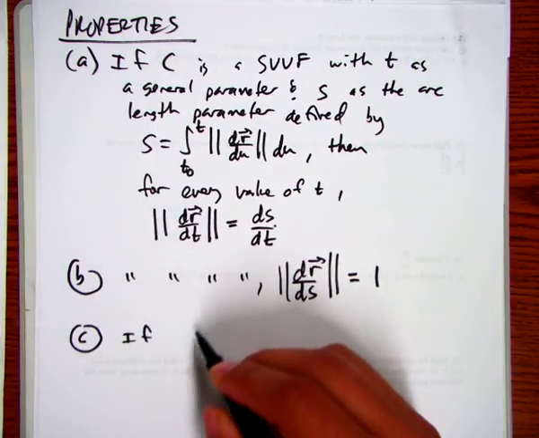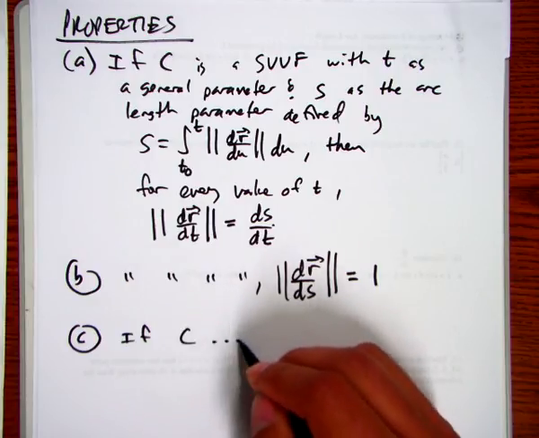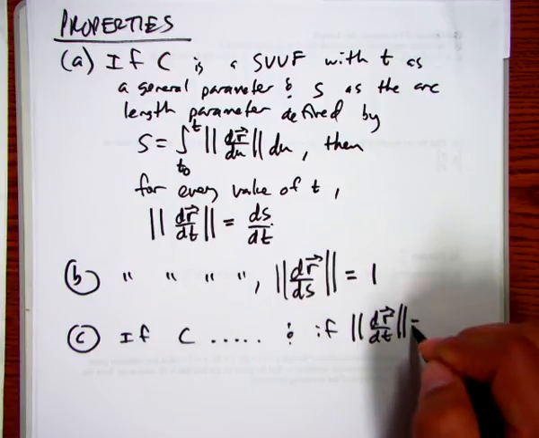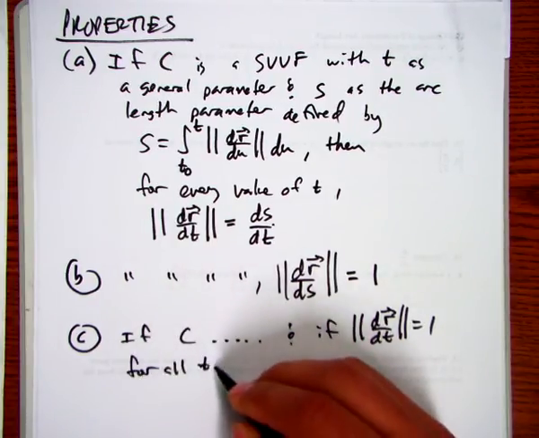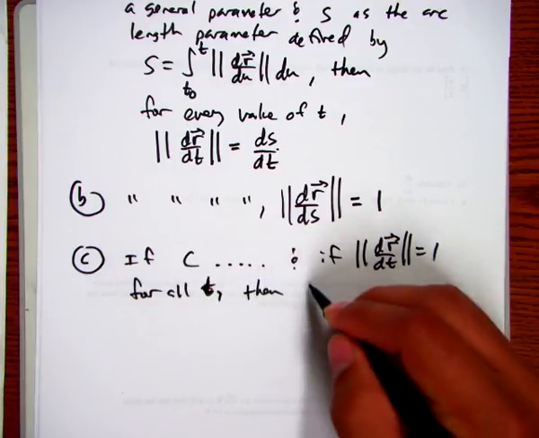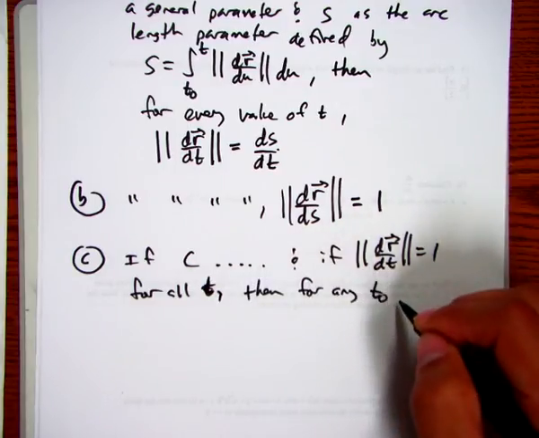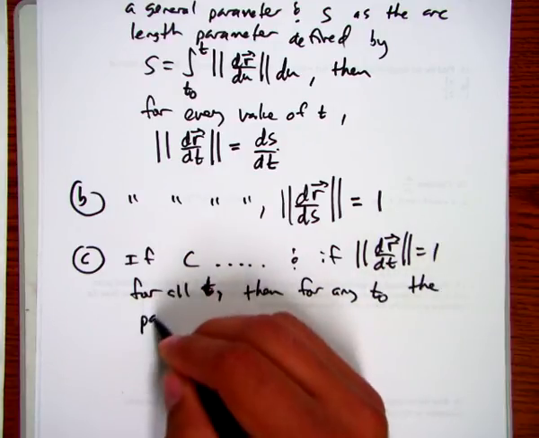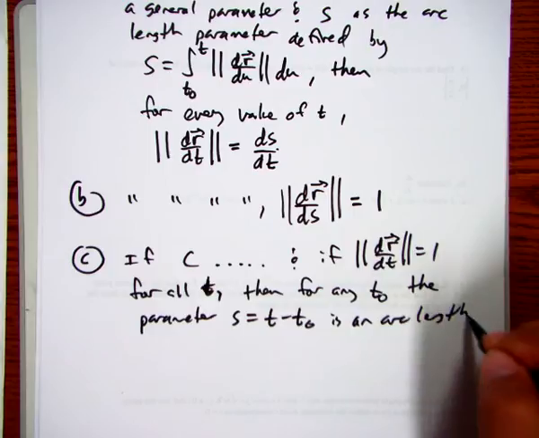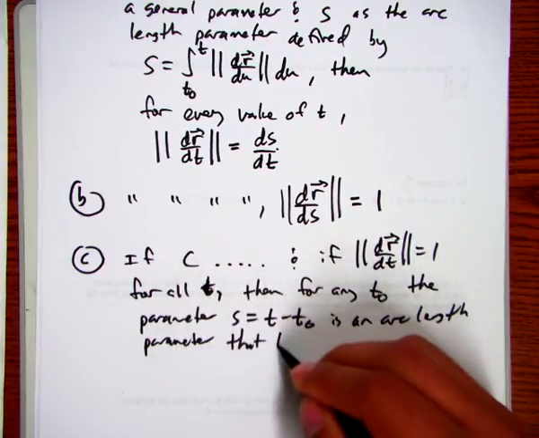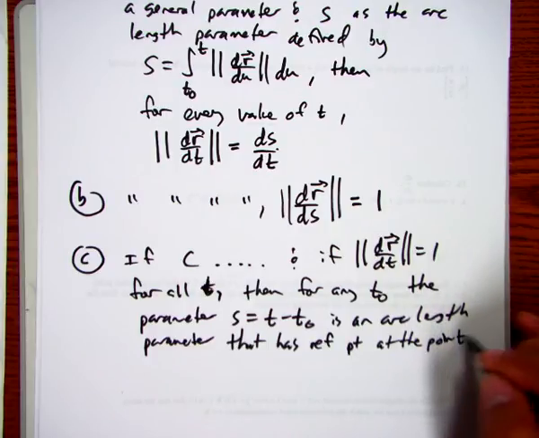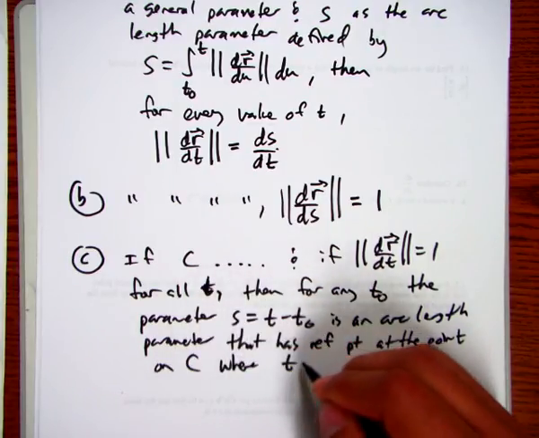Third one. If C, same things as before, okay, and if the magnitude of dr dt is 1 for all t, then for any value t naught, the parameter s equals t minus t naught is an arc length parameter that has reference point at the point on C where t and t naught are the same value.